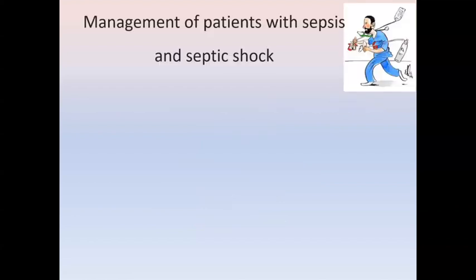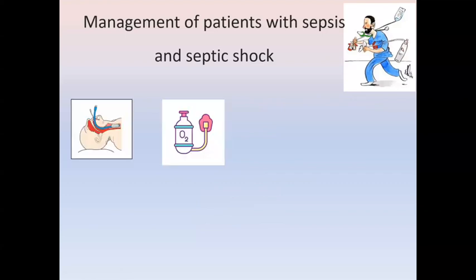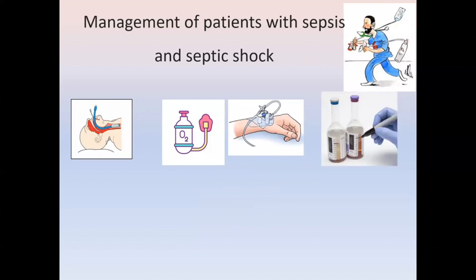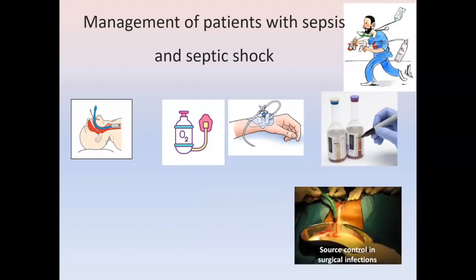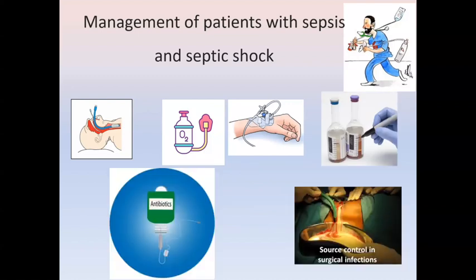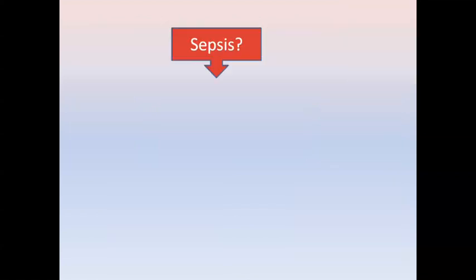So, management of patients with sepsis, we have already discussed from the morning. It is giving a good airway, fluid, oxygen supplement, good IV access, and required cultures, and source control, and of course, antimicrobials. So, sepsis, is it really sepsis?